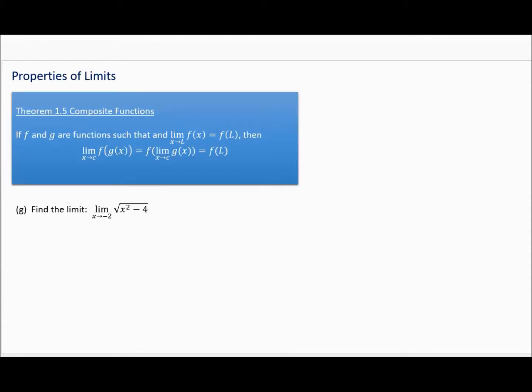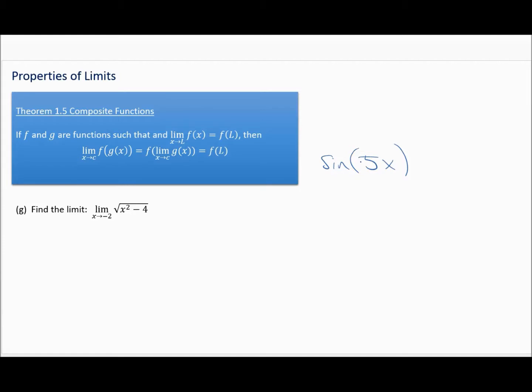Now here's an interesting theorem, composite functions. You know what a composite function is? It's when you have a function inside another function. You learned about this in your pre-cal class. So if I take a function like 5x and put it inside the sine, that's a composite function. Your inside function is 5x, your outside function is sine.